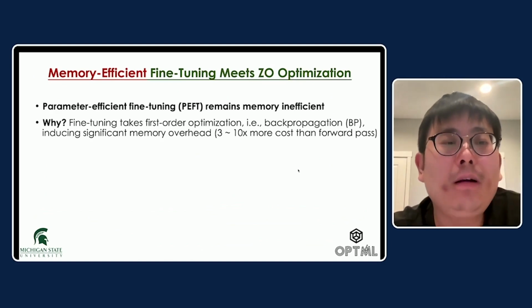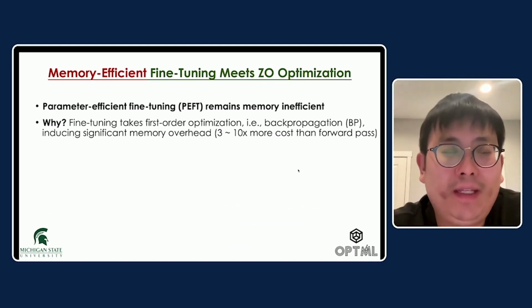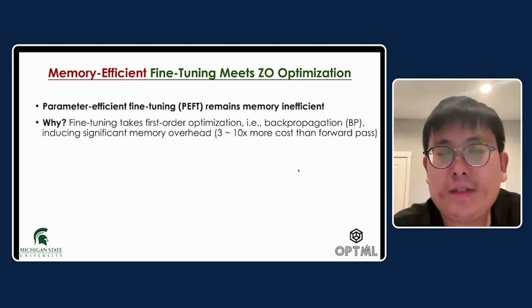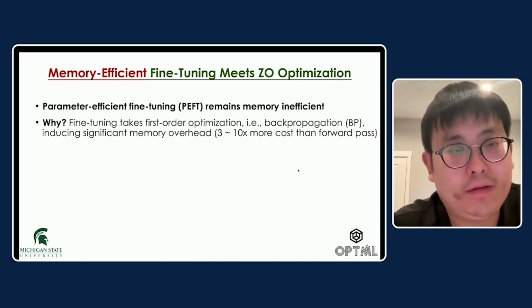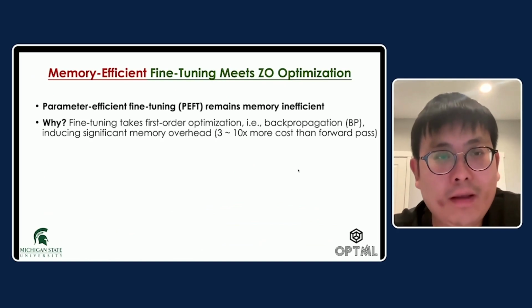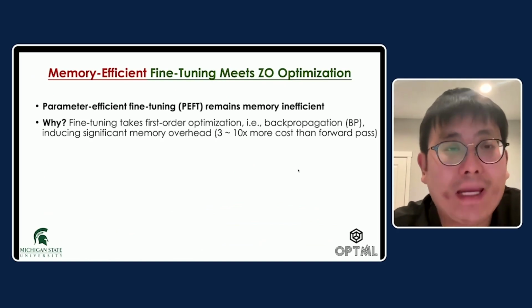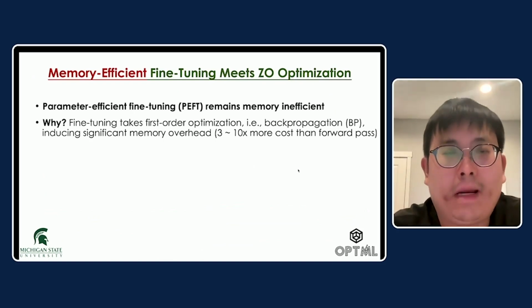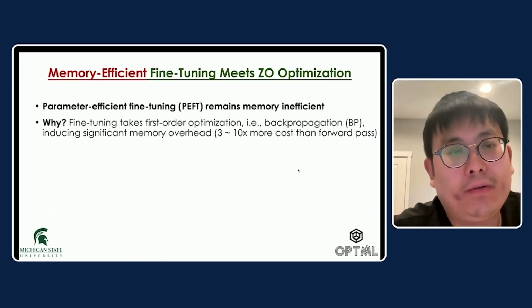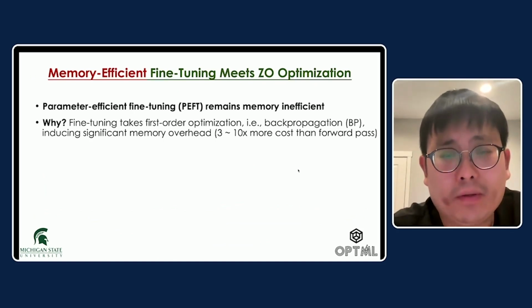Because you only reduce the number of parameters that you need during the fine-tuning. But you still need to conduct backpropagation to find the gradient with respect to those parameters. And during backpropagation, it introduces activation memory, which means you have to memorize the activations during BP, and that actually costs a lot of memory. So let me give you examples.